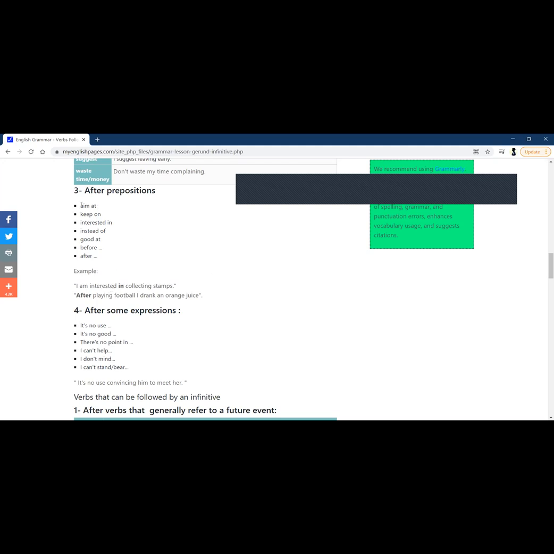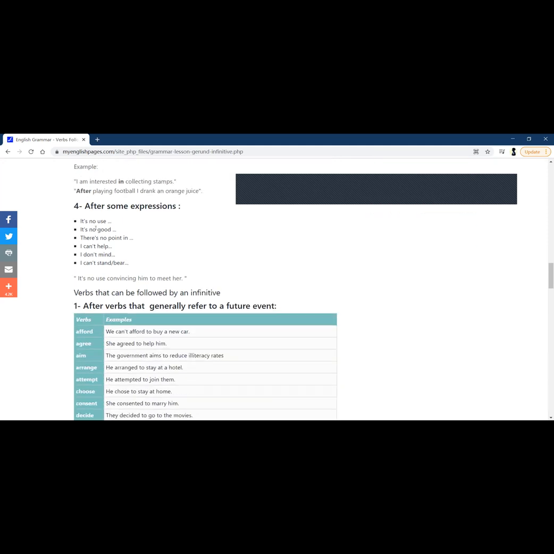Like aim at. If you say aim, that's also reasonable, but aim at doing something makes more sense. And then you can use them after some expressions. Generally they are fixed uses of the forms, gerunds or infinitives.